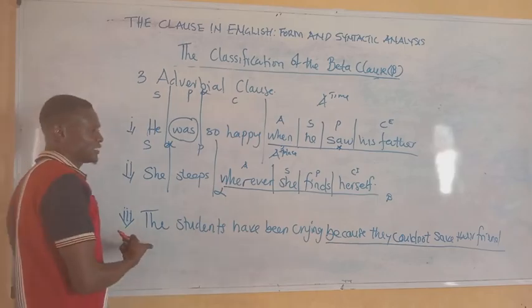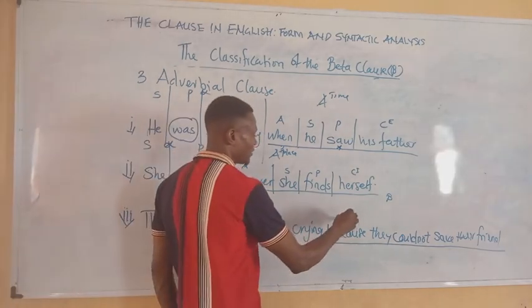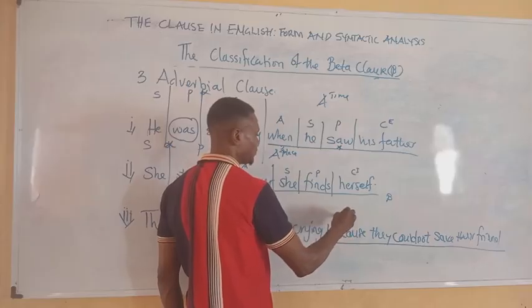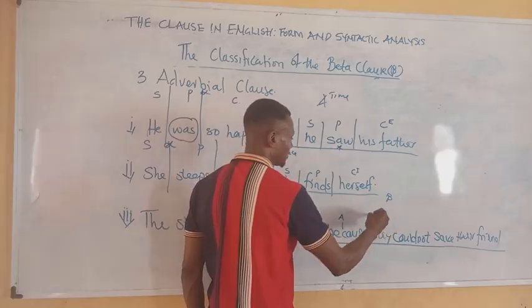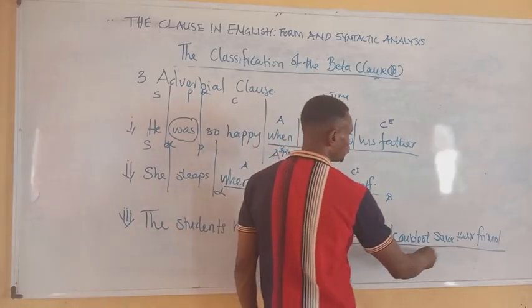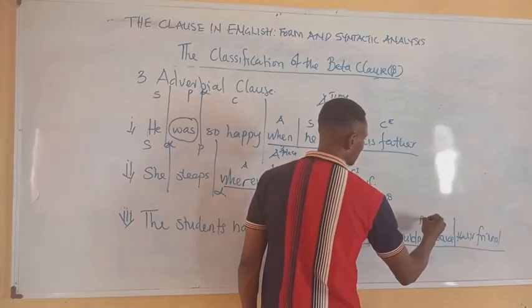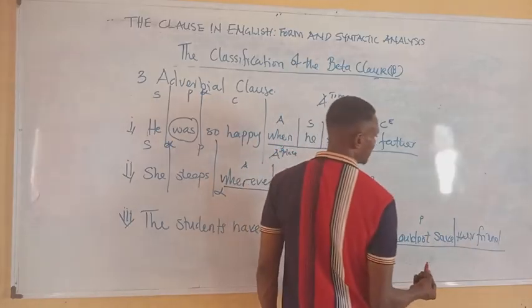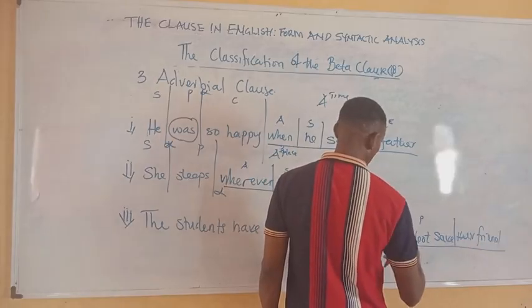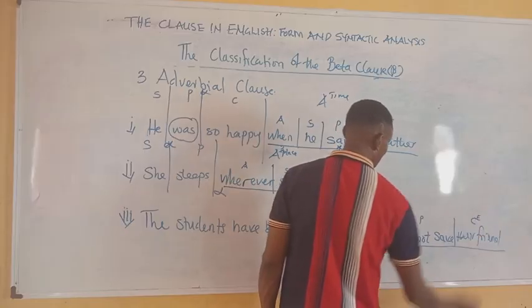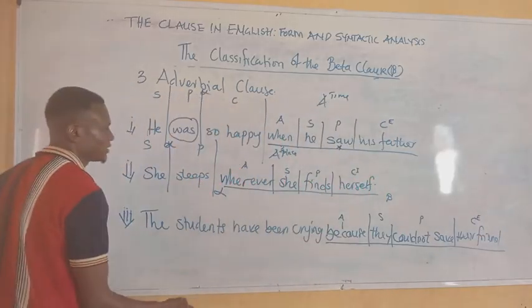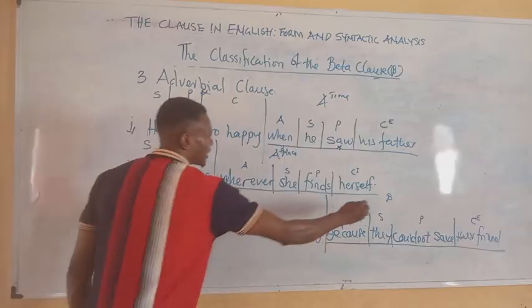So in the analysis of this one, we have that is an adjunct, then here they, subject, then could not save, predicator, then their friend, complement, extensive. So then here is an adjunct.